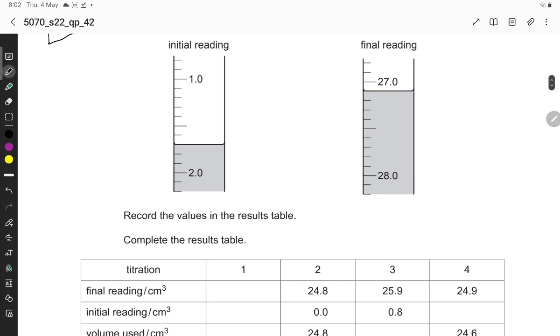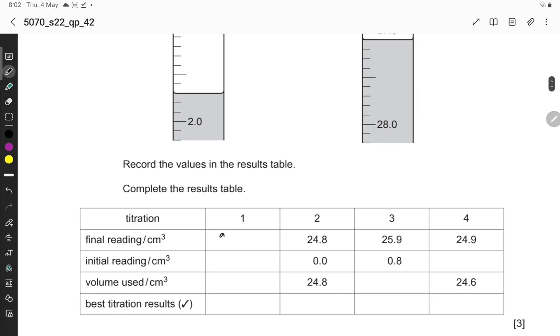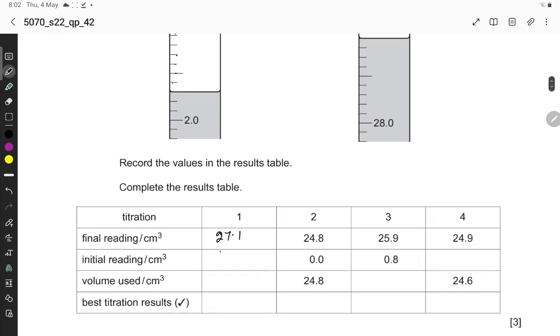So the final burette reading is 27.1, and the initial reading is 1.7, and the answer is 25.4.